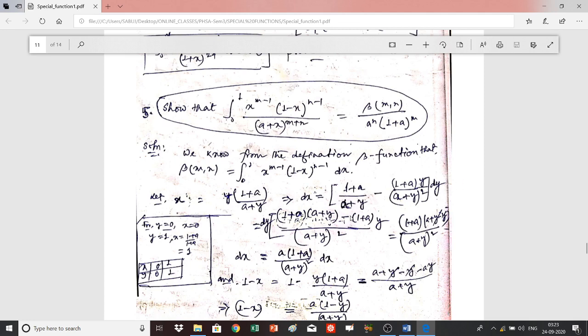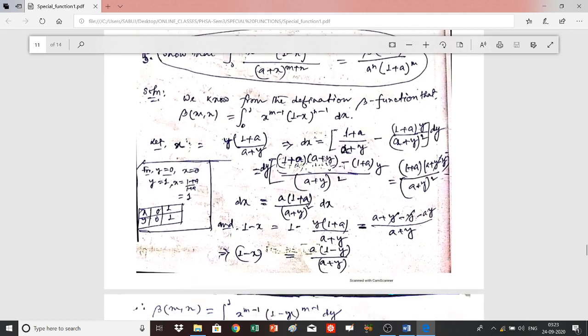Here is the process of simplification. Just go through this line, and you can easily find that dx is equal to a(1+a)/(a+y)^2 dy.